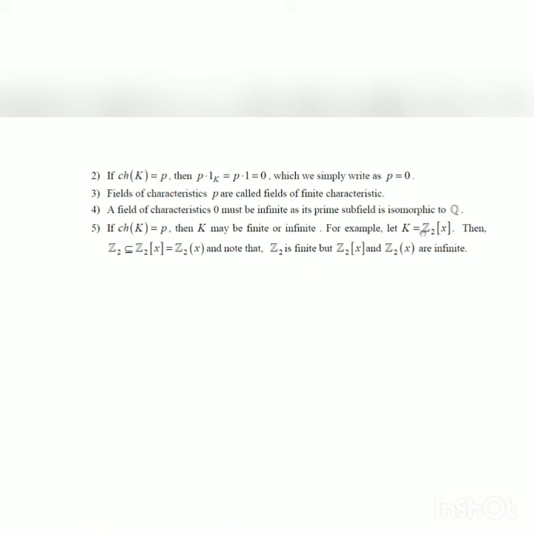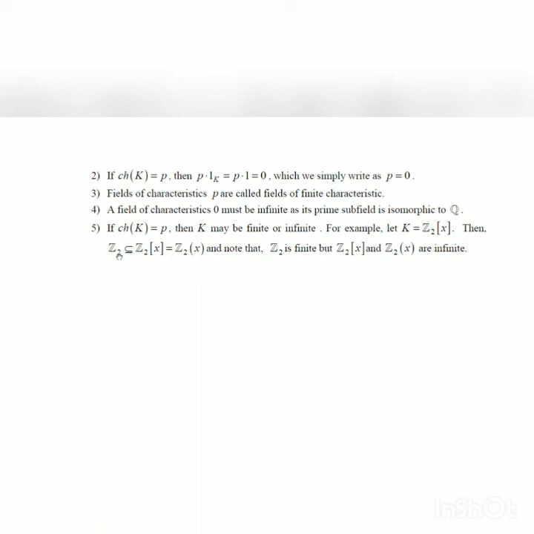Let us consider K is the field generated, which is the collection of all quotient polynomials defined over Z2. Then your Z2 is a subset of this. This is not a field, but it is an integral domain. This is a subset, not equal. Subset of Z2 of X, which is a quotient polynomial, and this is a field.